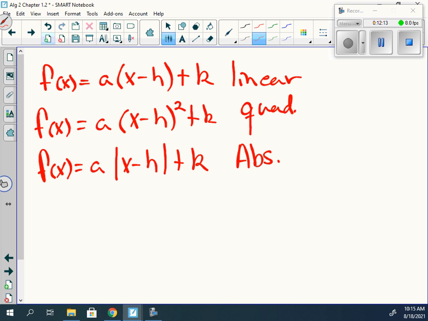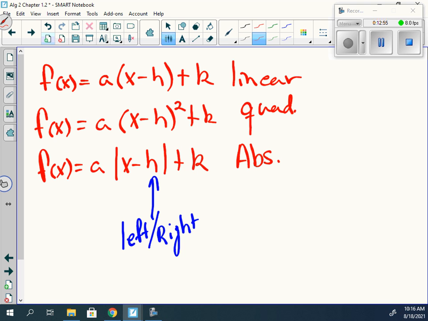Now, it didn't specifically say this, because I think what they wanted is more just looking at the graphs and telling this, but h in all of these here is a left or right movement. Now, when we see it in the function, it is always opposite of what we think it is.